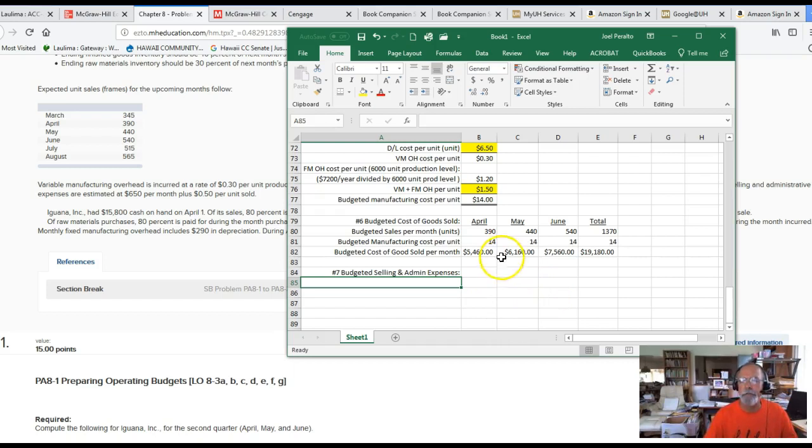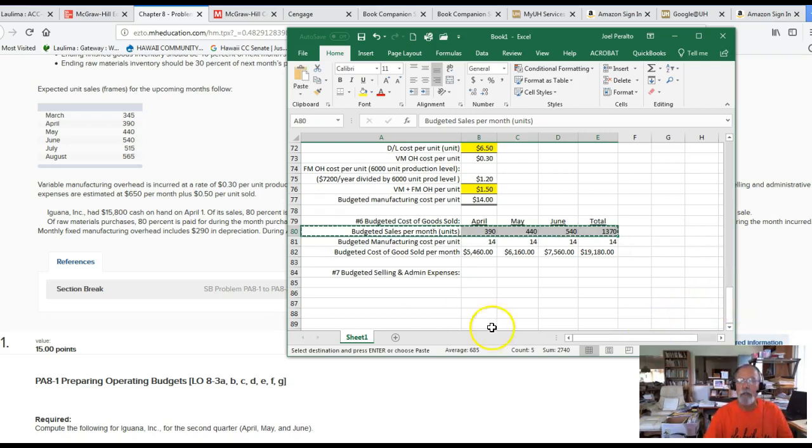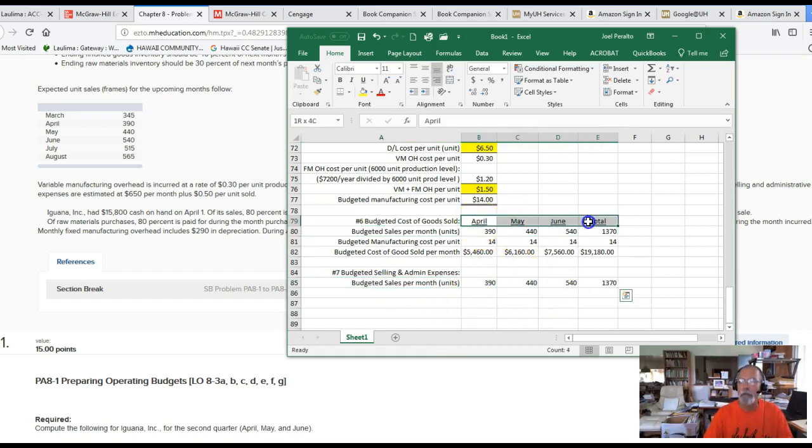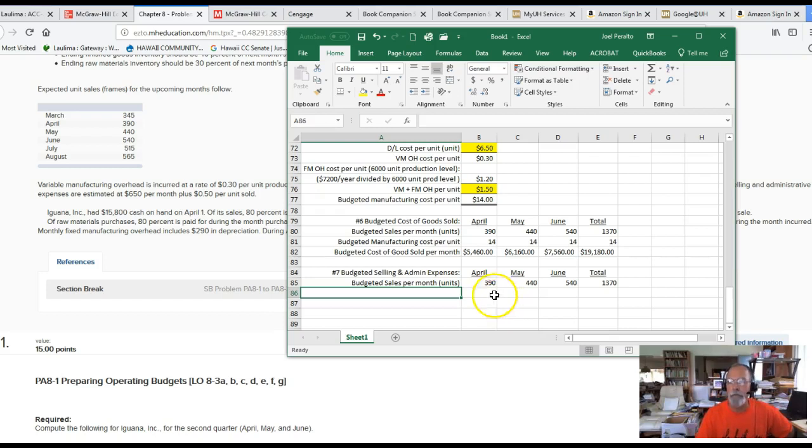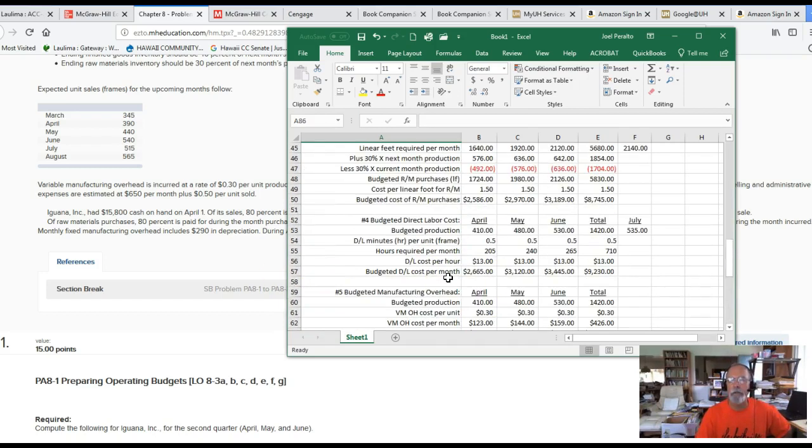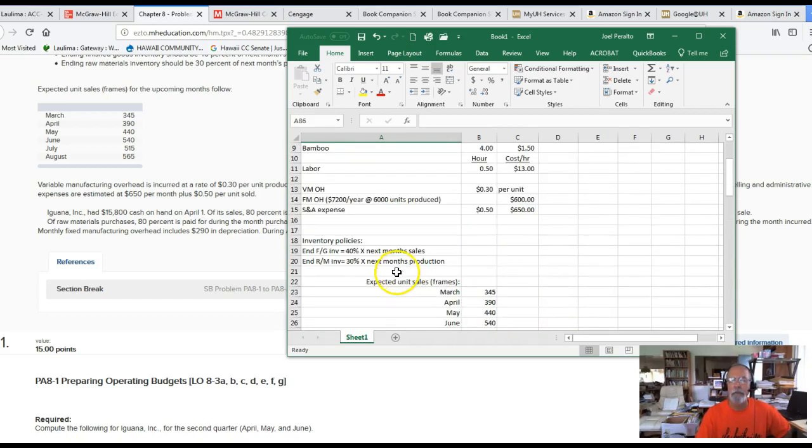So we go back to budgeted sales per month, and that's in units. Then our selling administrative expenses, 50 cents per unit plus $6.50 per month. I should probably move this here and say per unit and per month. Okay, and this is per month.